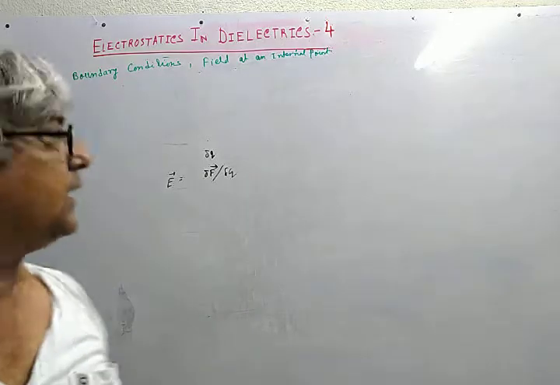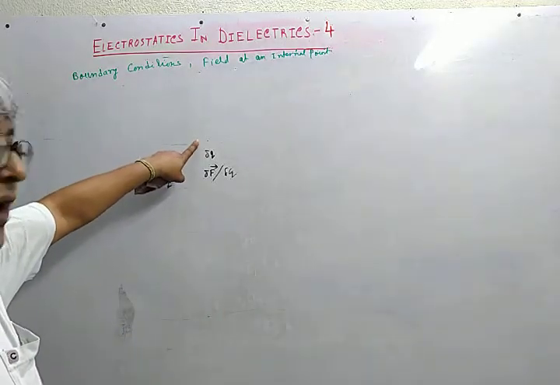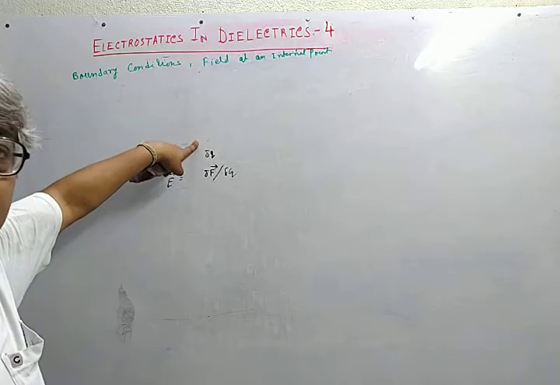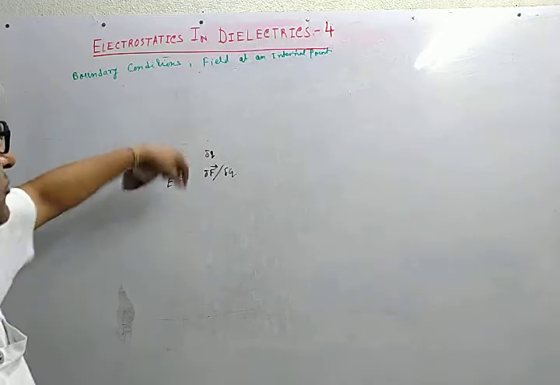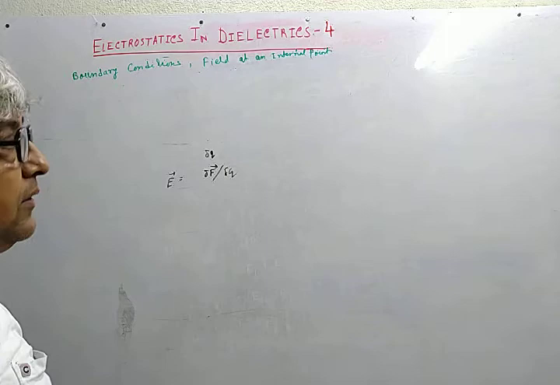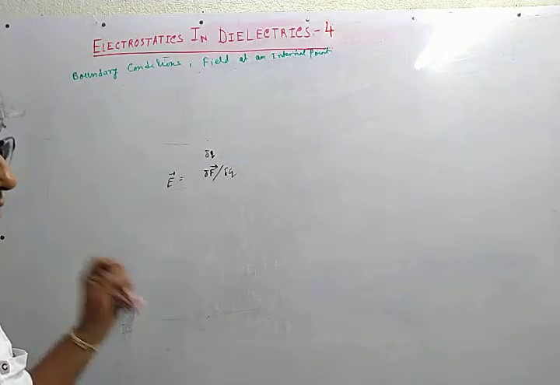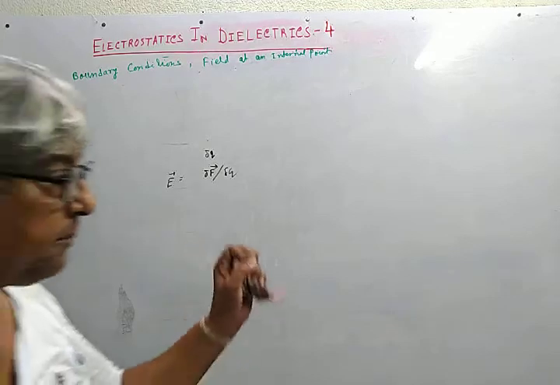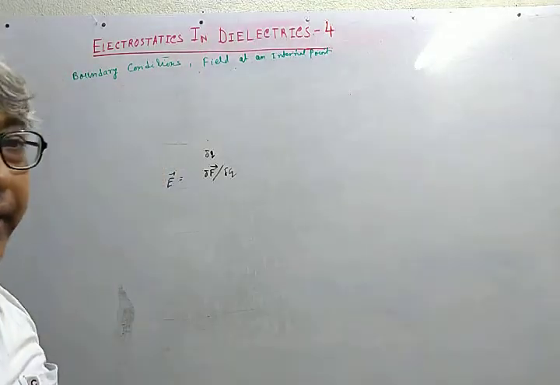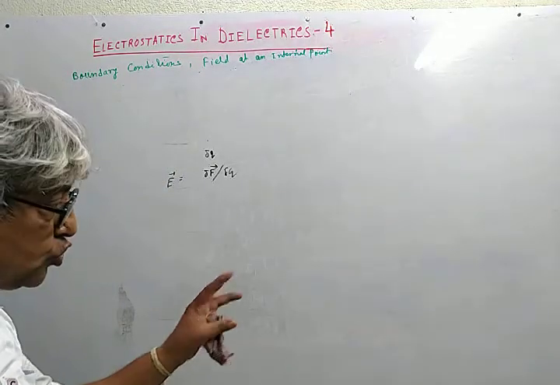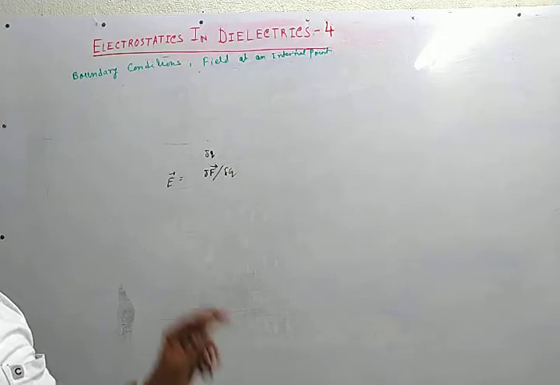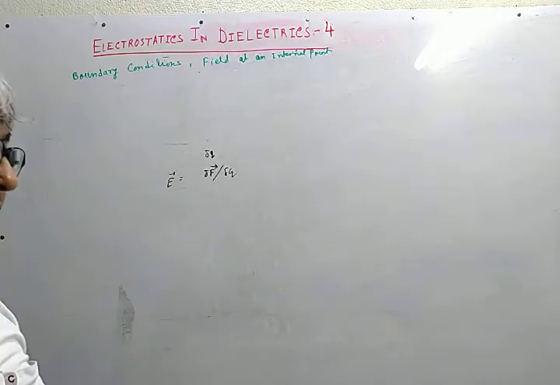But to place the test charge there, firstly the test charge must be small enough so that it cannot disturb the existing field or the charge distribution. So it should be small enough, and it should be placed somewhere within the dielectric. So what to do? We scoop out a portion of the dielectric, thereby creating a cavity.